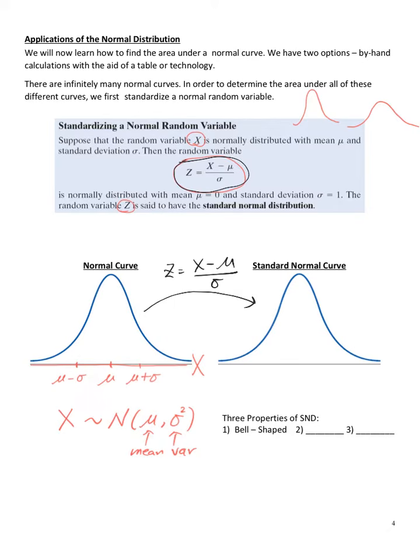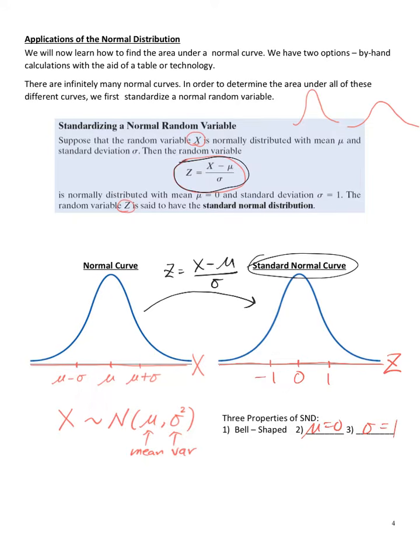And we have our standard normal curve for a standard normal random variable z. Now we have the z number line instead of x, and the mean is 0 and the standard deviation is 1. This is just review. So mu is 0 and standard deviation is 1.